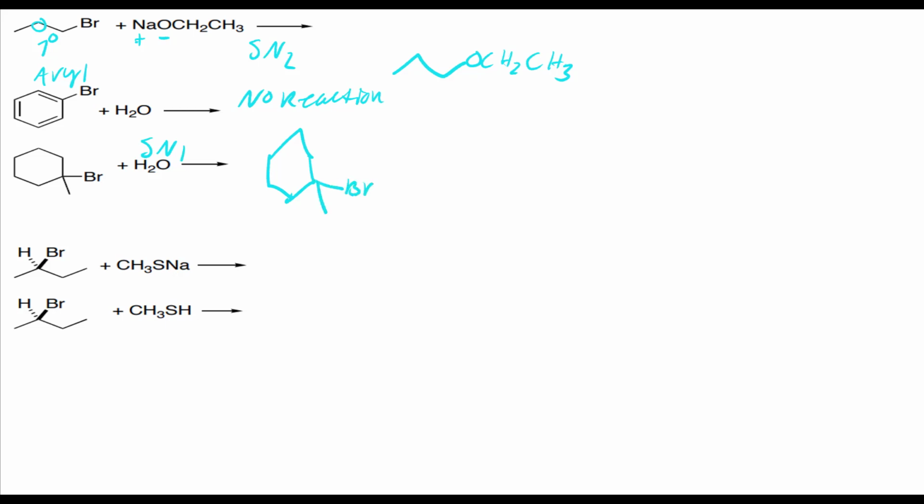The bromine goes off. That's going to be forming the carbocation. That's going to be step 1. That's going to be H2O. Afterwards, this carbocation attracts the oxygen, so he goes over there. Using my arrow pushing, we have an oxygen with some hydrogens and a bromine still hanging out.